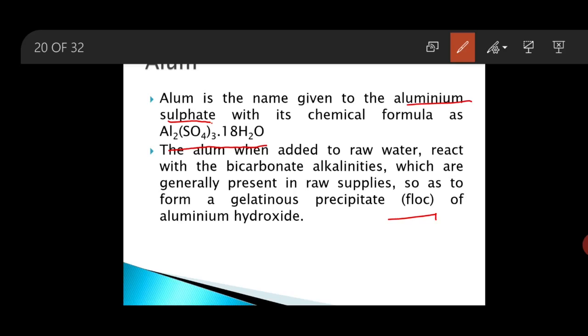Clear? So this floc will attract other fine particles and suspended matter, that is colloids, and will grow in size, and finally it will settle down to the bottom of the tank.